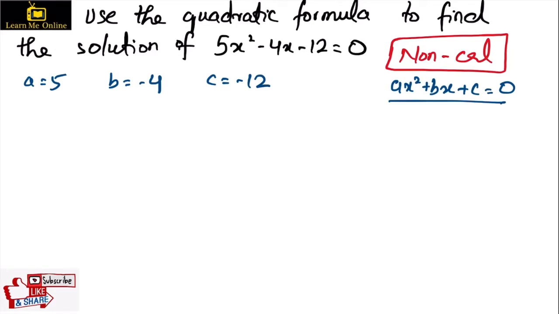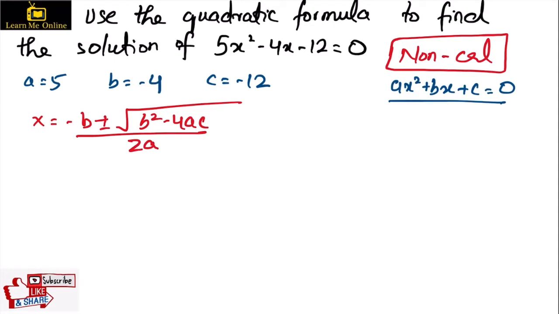Once you have your values of a, b and c, you write down the quadratic formula, x equals minus b plus or minus the square root of b squared minus 4ac over 2a. You substitute your a, b and c values into the formula to find x. So x equals minus, and b is minus 4. Whenever you substitute any value, always write it in brackets.